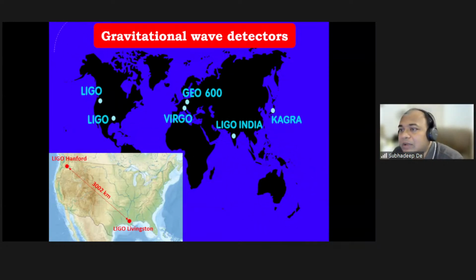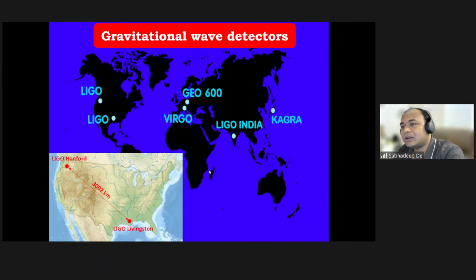Now let me go into another example, that is LIGO. Let's say a gravitational wave is coming from some portion of the sky, and it basically just passes through the Earth. Now there are several LIGO detectors, as I have pointed out, as well as other gravitational wave detectors like KAGRA and Virgo.